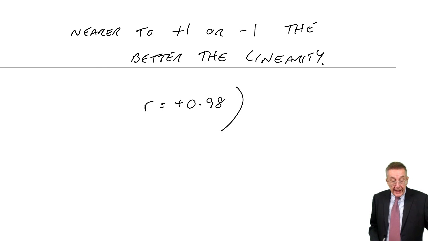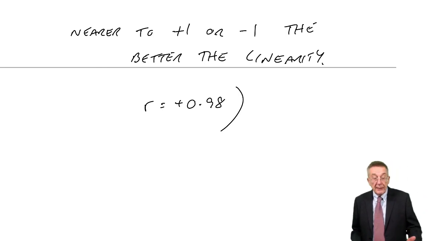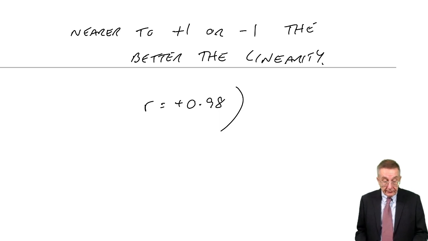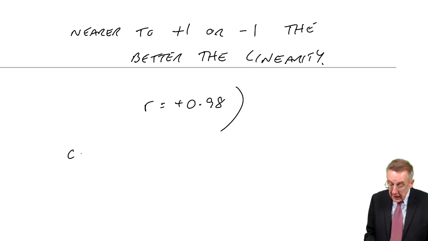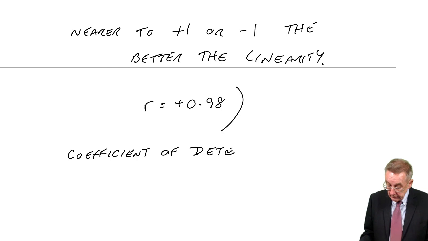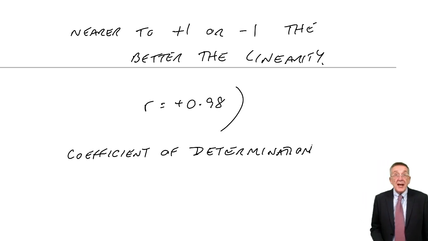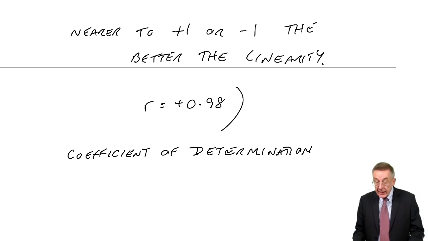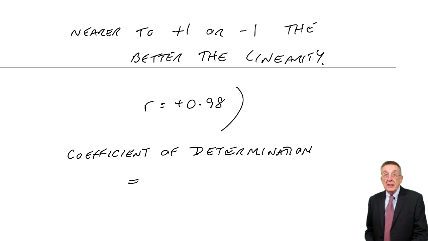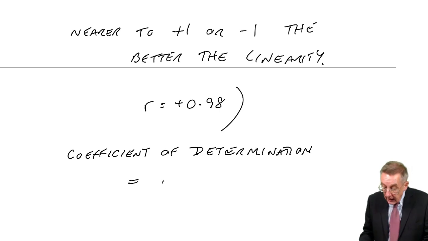Finally, on the last page, just one other thing you could be asked, and here you're going to have to learn the formula, something called the coefficient of determination. As I say, you're not given it on the formula sheet, but it's easy enough to remember. It's r squared.